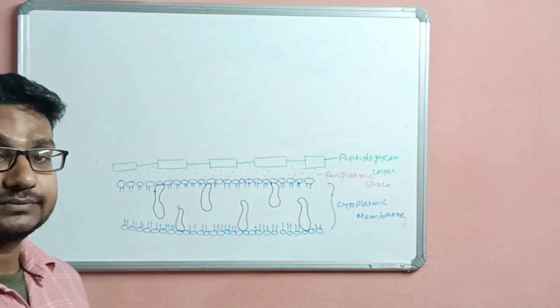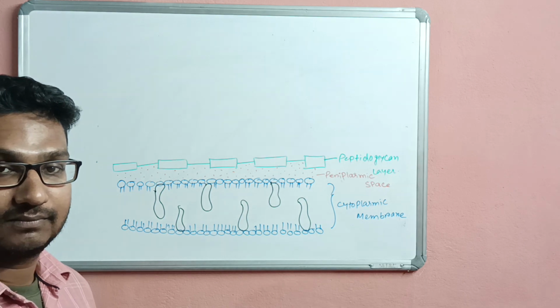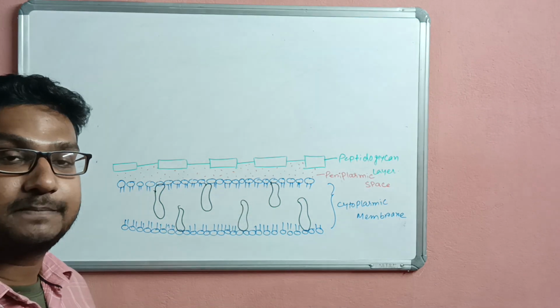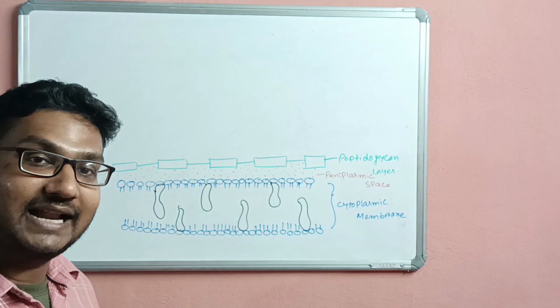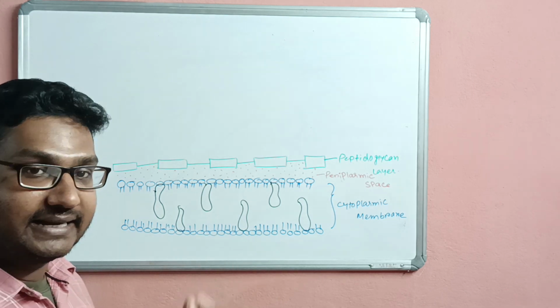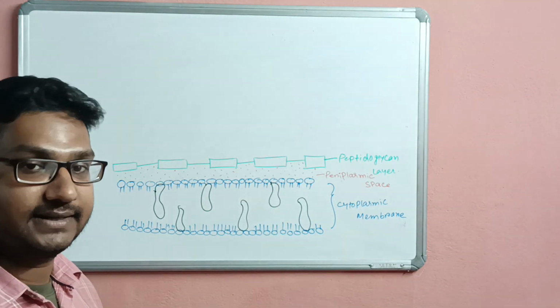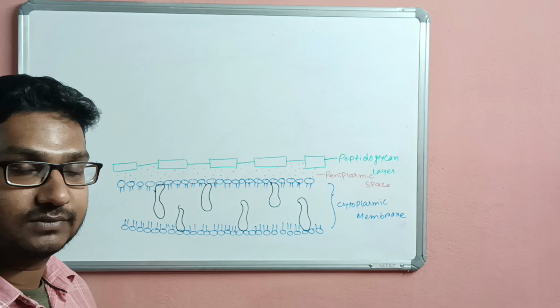What is the function, the importance, of the periplasmic space? In this periplasmic space there are many degradative enzymes. Degradative means they can easily break down or chop molecules.